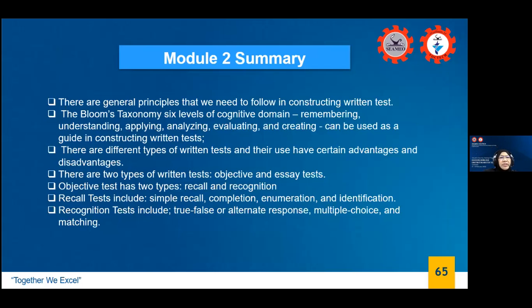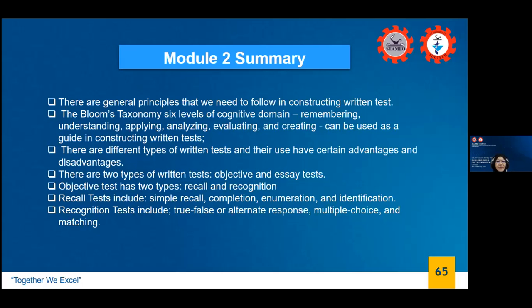And so the summary of module 2 would be there are general principles that we need to follow when we construct written tests, and Bloom's taxonomy makes use of the 6 levels of cognitive domain, namely remembering, understanding, applying, analyzing, evaluating, and creating. All these 6 domains you can use as you construct your written tests. And I've shared with you several advantages and disadvantages in your development of written tests.